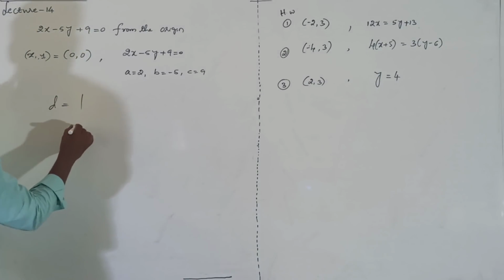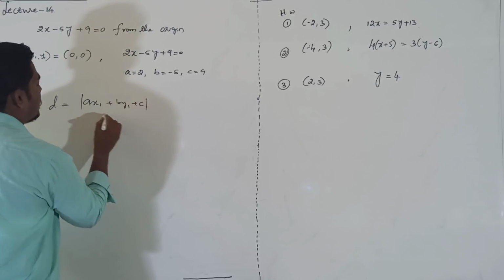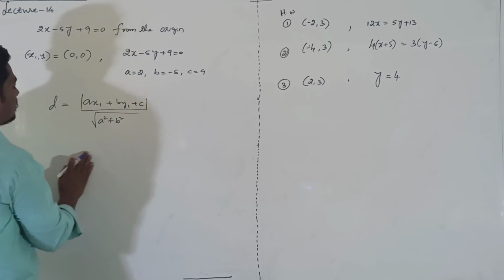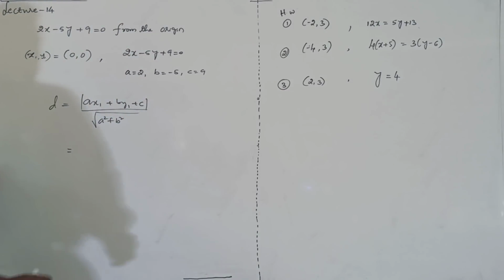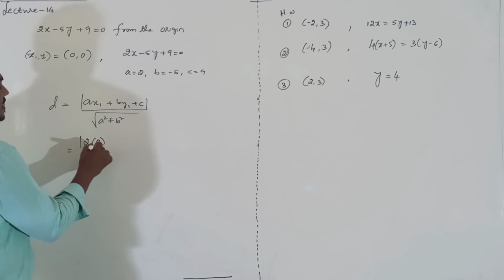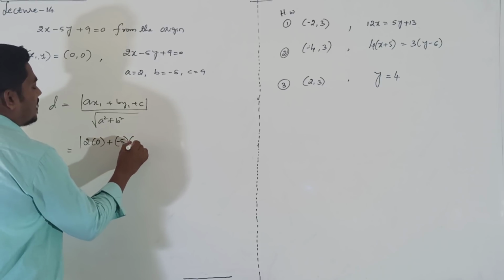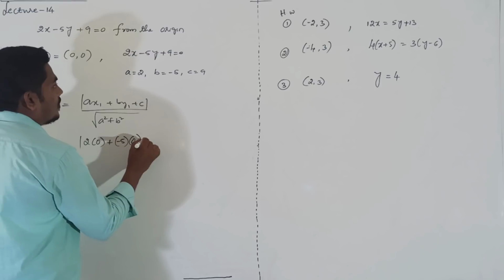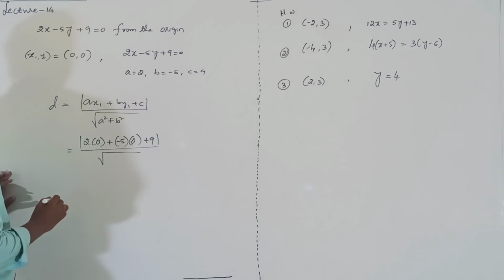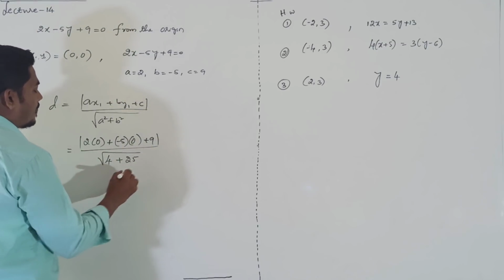D is equal to modulus of (ax1 + by1 + c) whole thing divided by square root of a square plus b square. That's equal to modulus of 2 into x1, which is 0, plus -5 into y1, which is 0, plus 9, whole thing divided by square root of a square plus b square, that is 4 + 25.